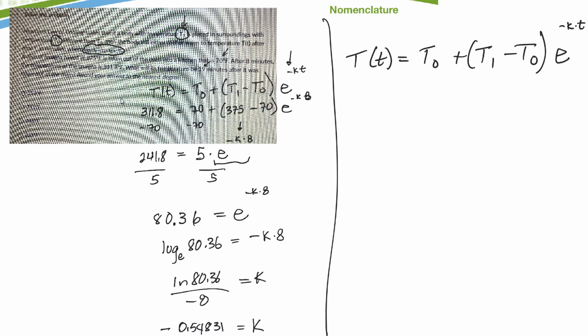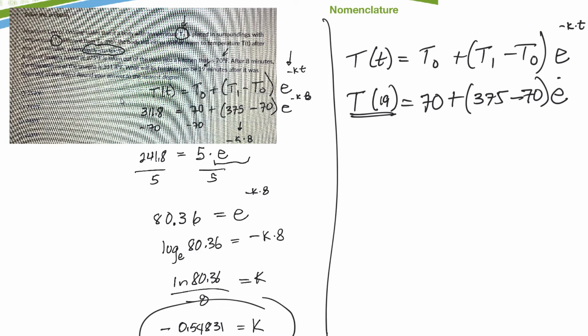So this question says, what's the temperature after 19 minutes? So temperature after 19, and again, this is just notation. It's not T times 19. It's just saying what's the temperature after 19. It's equal to the surrounding temperature, 70 again, plus, again, it's 375 when it's taken out, minus 70, e to the, oh no, I just found out what k is.